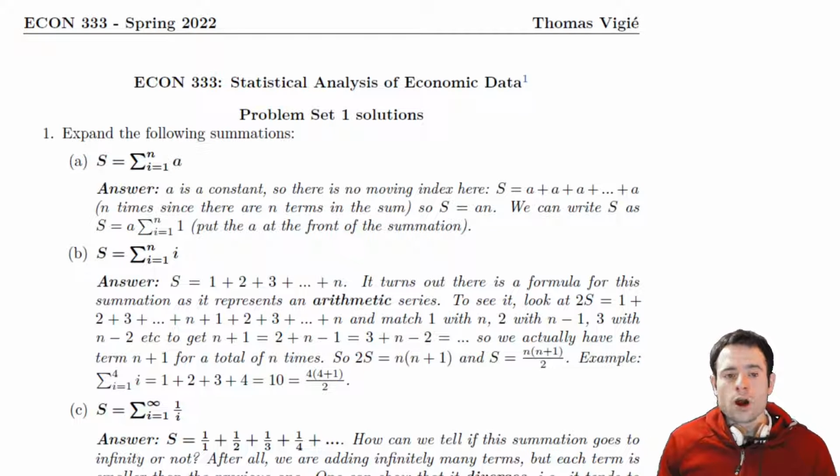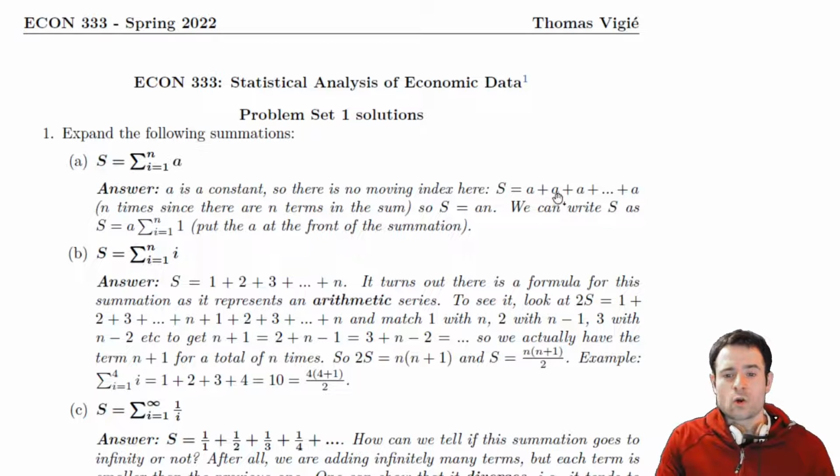Here, we are summing up a constant every time. So, the index i is going to change, but there is no term inside the sum that is going to change. The number a is not indexed by an i. So in this case, the sum can be written as a plus a plus a, and so on. The first a corresponds to i equals 1.